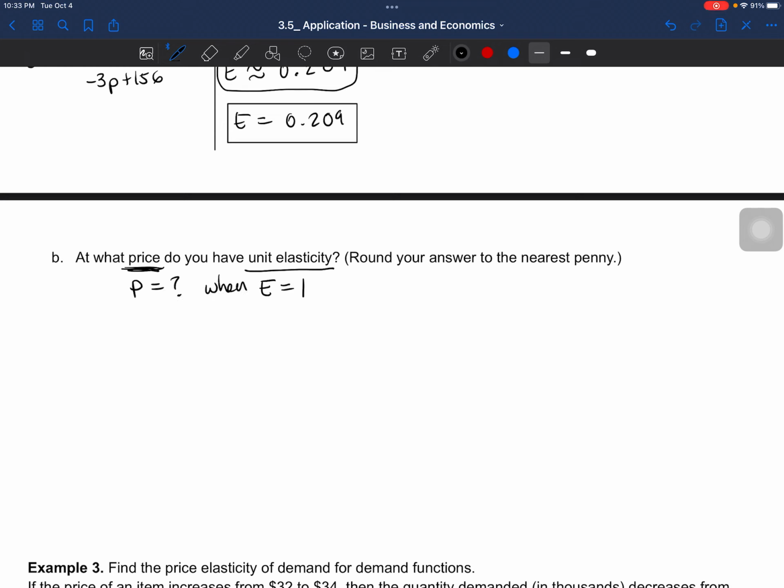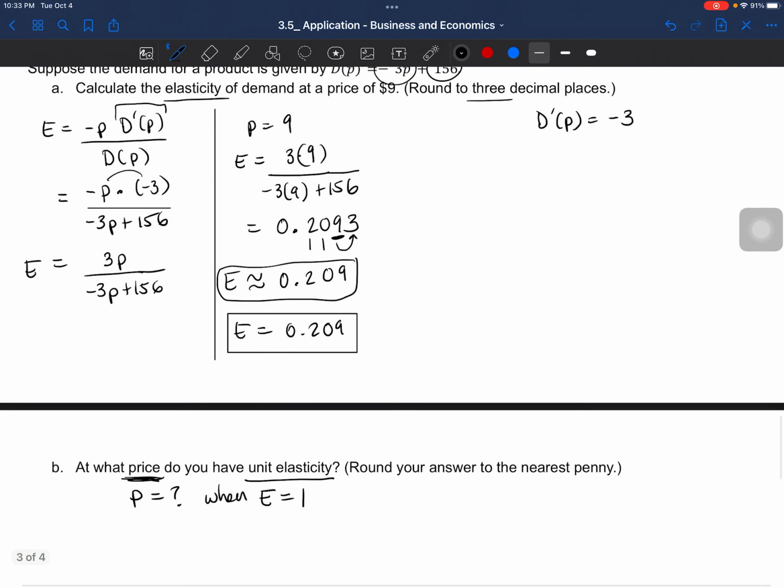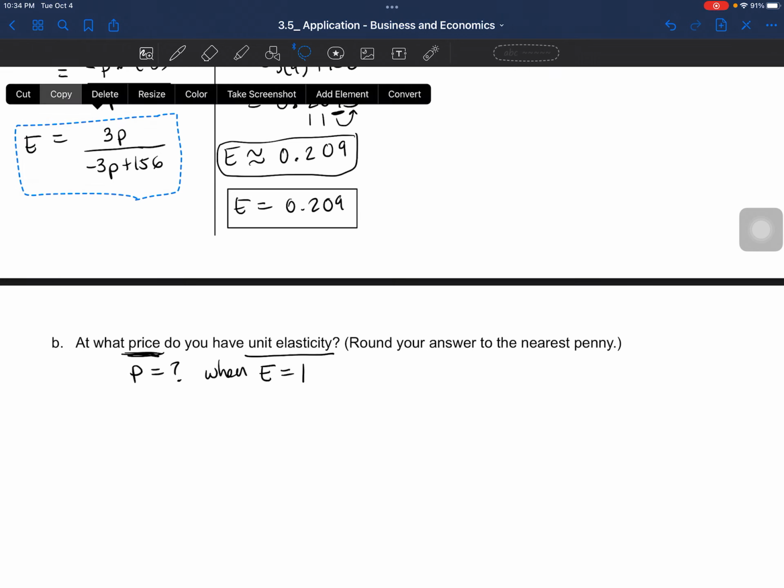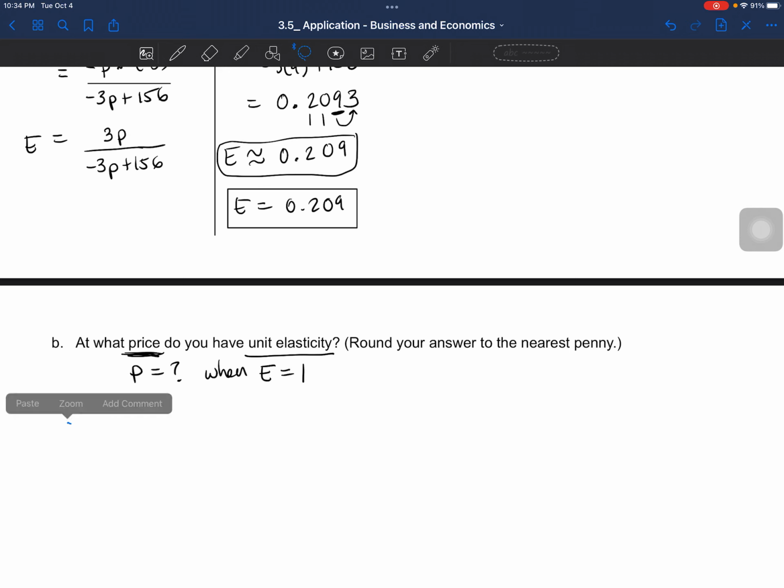So what they're asking us is what is the value of P when E is equal to 1? We already know what E is. This is E right here. So we copy and paste it.